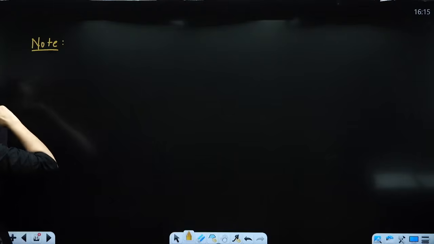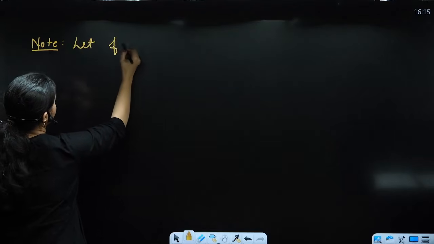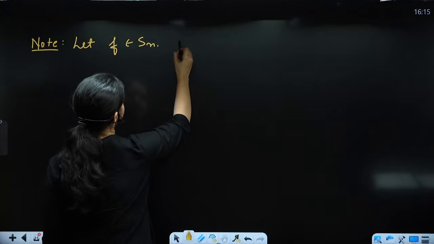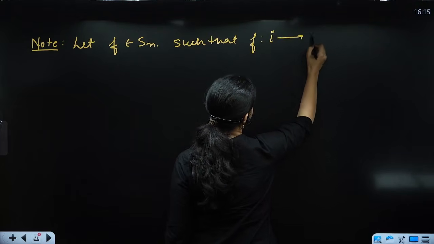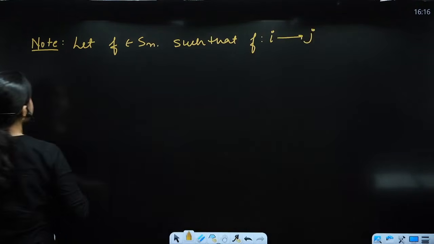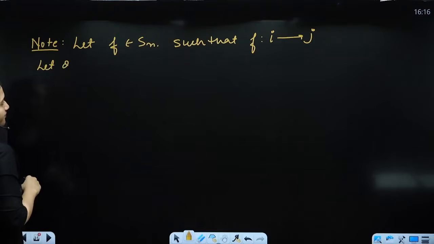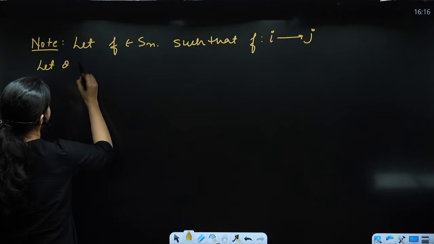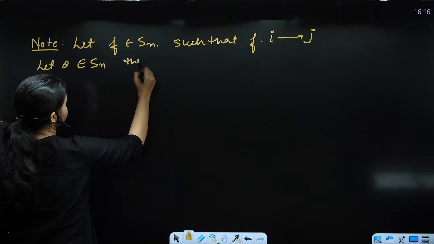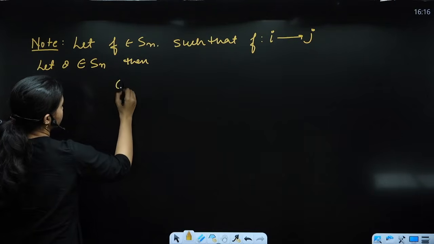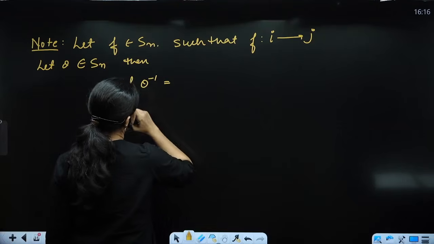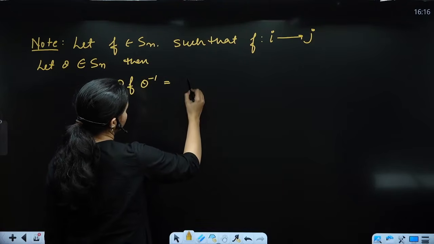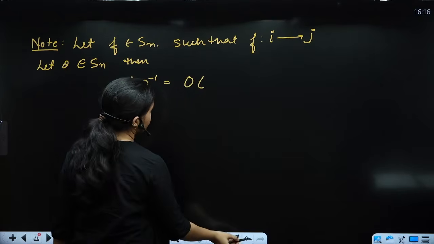So just write a note here that let f belongs to Sn such that f sends i to j, and let theta also belong to Sn, then theta inverse f theta sends theta of i to theta of j.